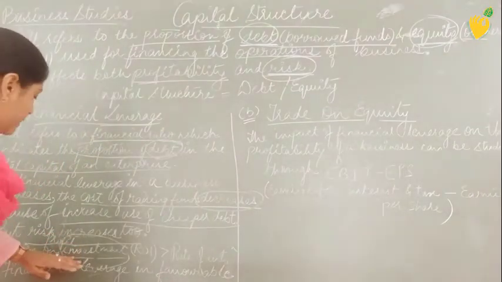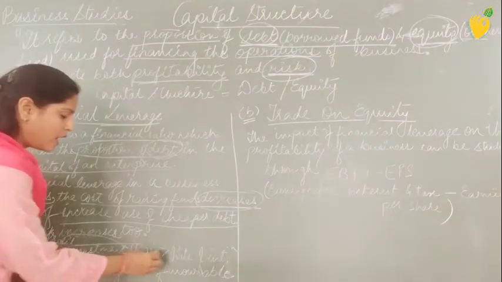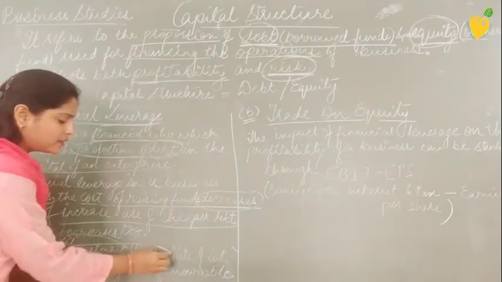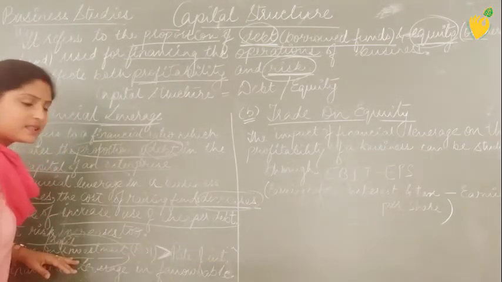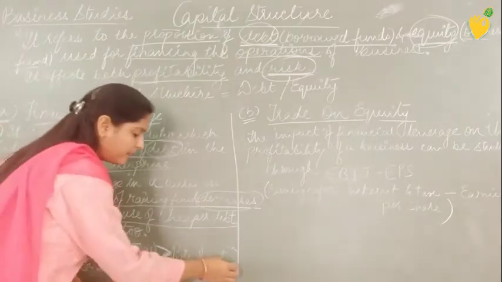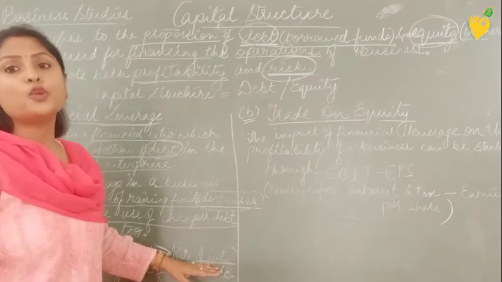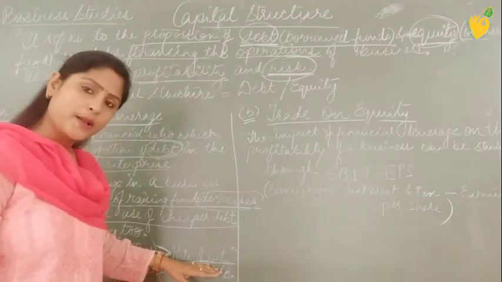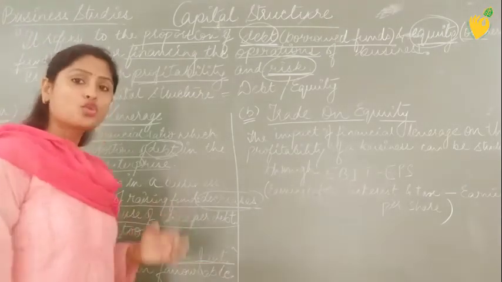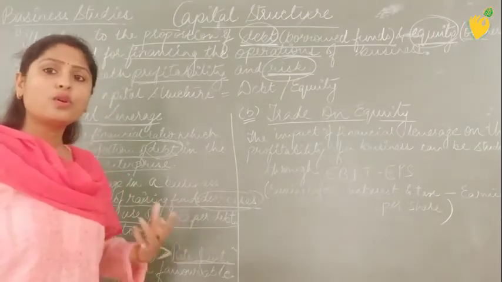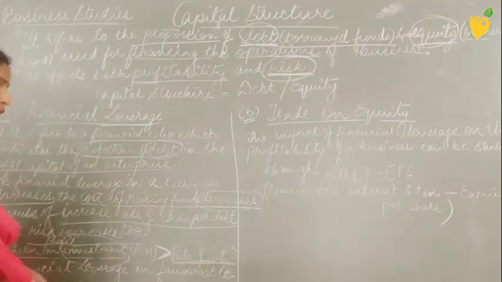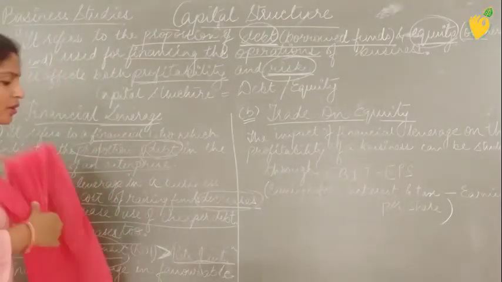So when the organization is getting that profit, that is, ROI is greater than, I hope you can see that sign, is greater than the rate of interest. Now this is the rate of interest which they have to pay to the security holders. So the profit is more than the amount which they have to pay to the security holders.